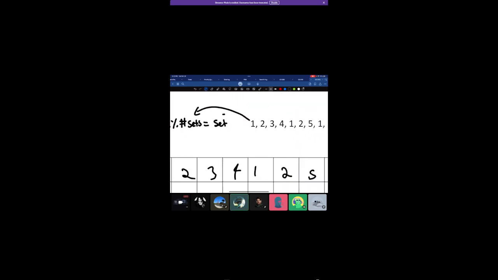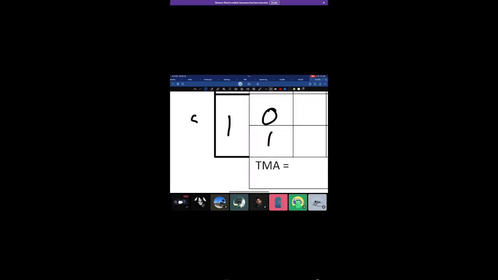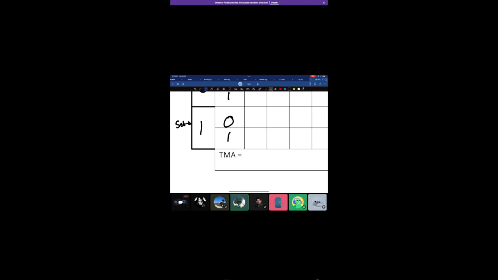So 1 mod 2. What is 1 mod 2? 1. Okay. Which means that we're going to go to this set. Set 1. From there, once we get into a set, we just use fully associative mapping.